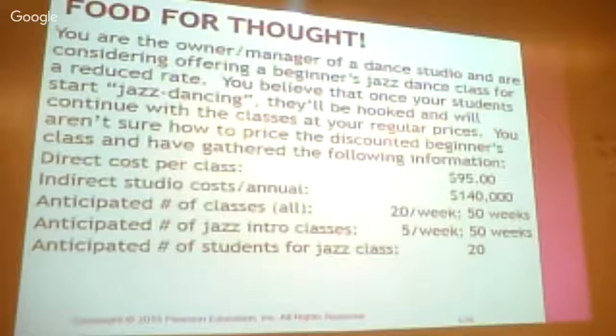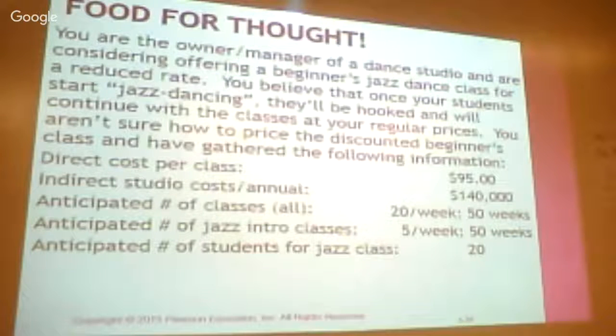Okay, so really you would take this information and drive down to help you determine, what are my costs? Well, $95 is the flat out cost, right? So then what do I have? I have anticipated number of classes at 20 per week, so that's 50 weeks. We take 20 times 50.